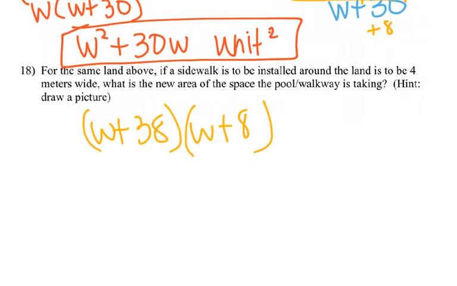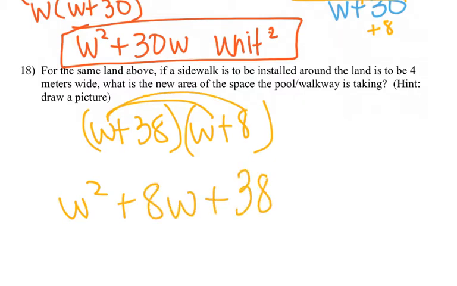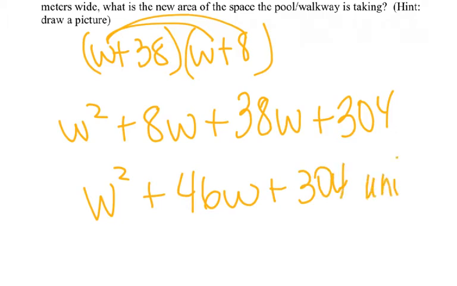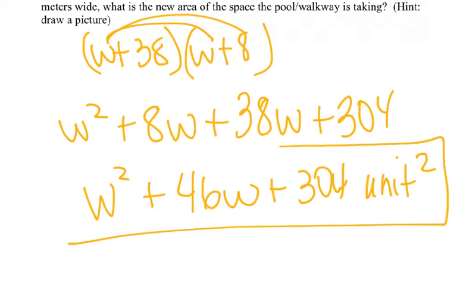So I'm going to have W squared plus 8W plus 38W plus 304, and so simplifying that, W squared plus 46W plus 304 units squared. Whoops, units squared. And that is the area of this land, pool, walkway, whatever it is that we're talking about.